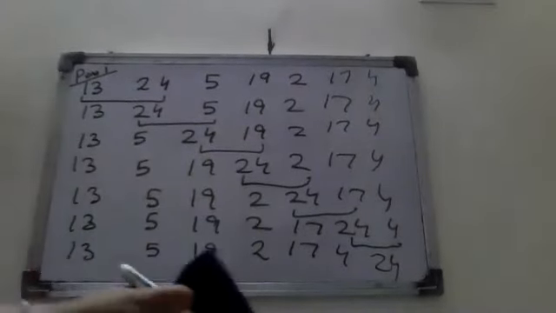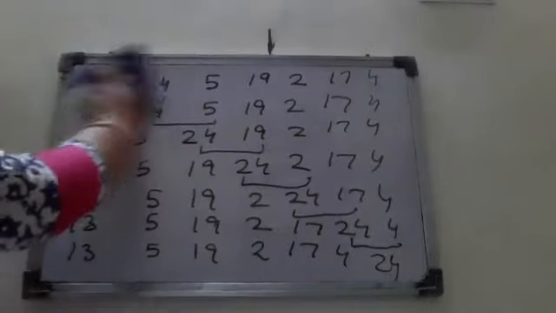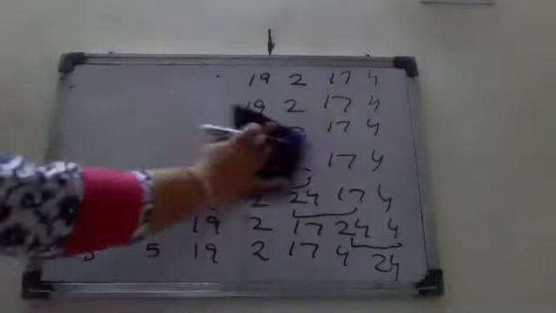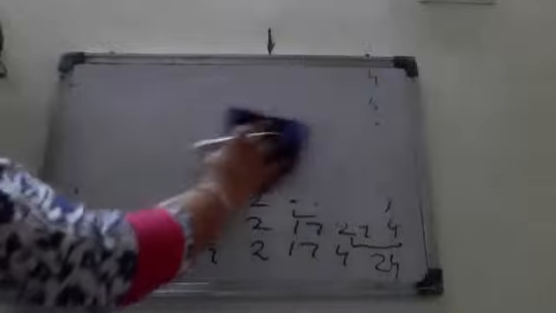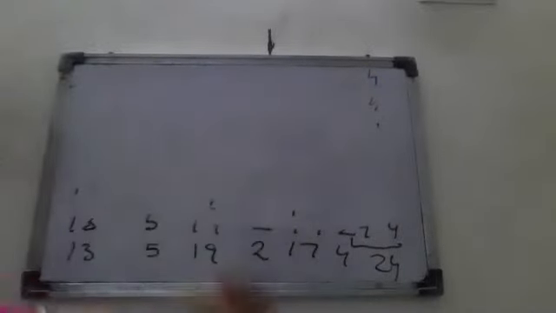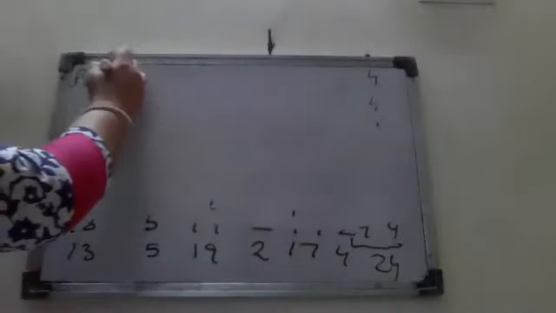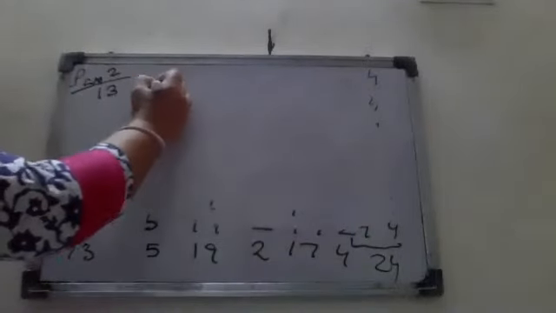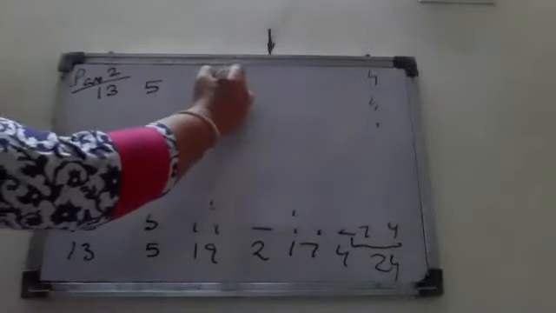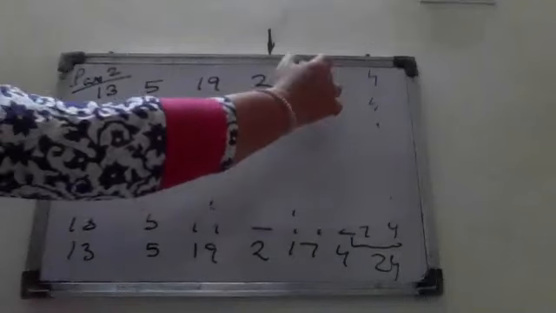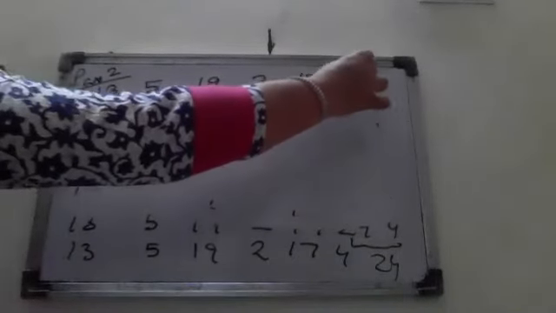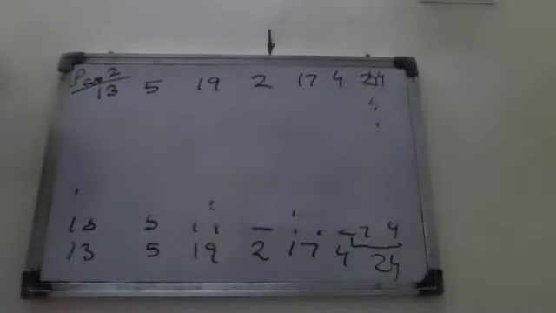After that, we'll start with pass 2. We have to copy the last output over the first one so that we can start with pass 2. So I just copy it: 13, 5, 19, 2, 17, 4, 24.